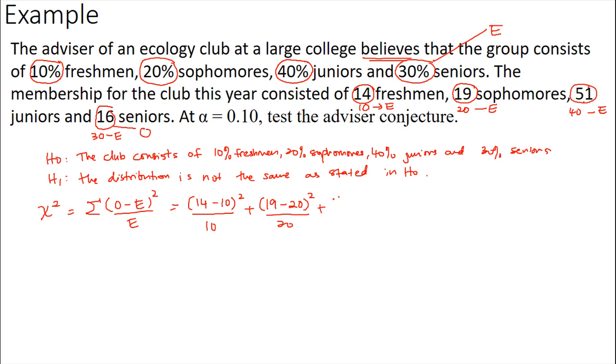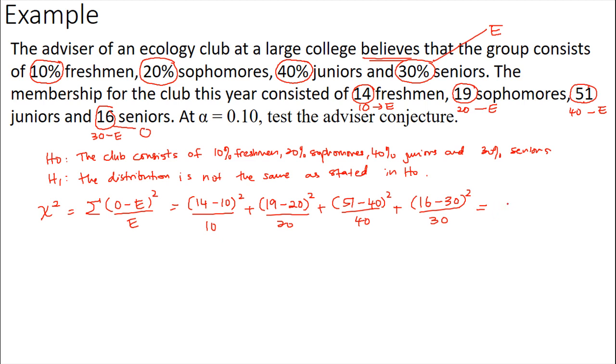The next is juniors, observed 51, expected 40, squared, divided by 40. And for seniors, observed 16, expected 30, squared, divided by 30. Now just simplify and use your calculator to find the test statistic.